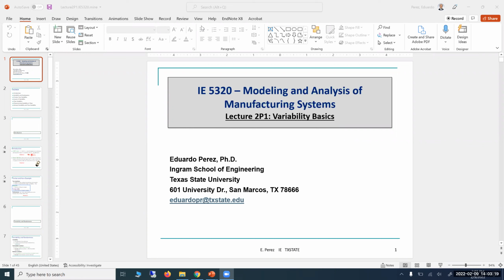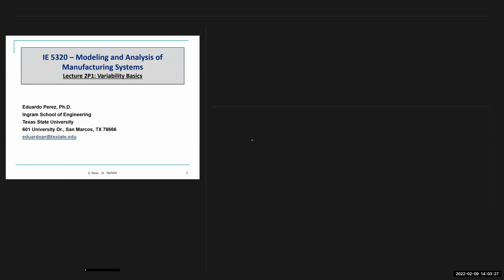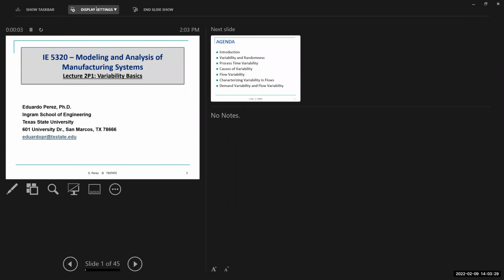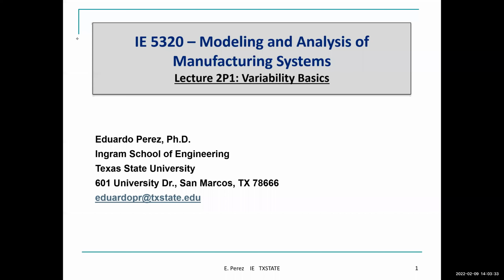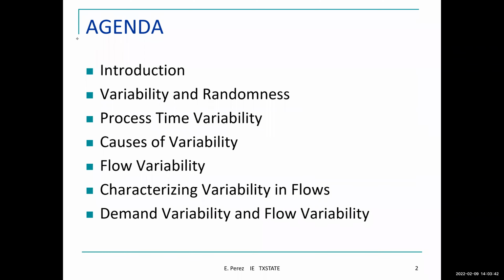And in our last lecture on this topic, we started discussing the variability basics and how that impacts the performance and how we study these manufacturing systems. So just a quick recap. These are the topics that we started discussing, and today we're going to focus on that flow variability aspect.